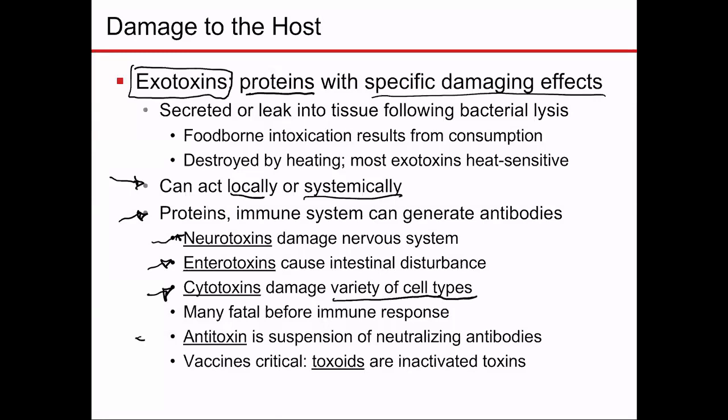The term antitoxin refers to the serum, the antibodies that can be created against that toxin. And now that antiserum could be used to treat an infection in which this toxin is being produced. Also, toxins can be used to produce vaccines.